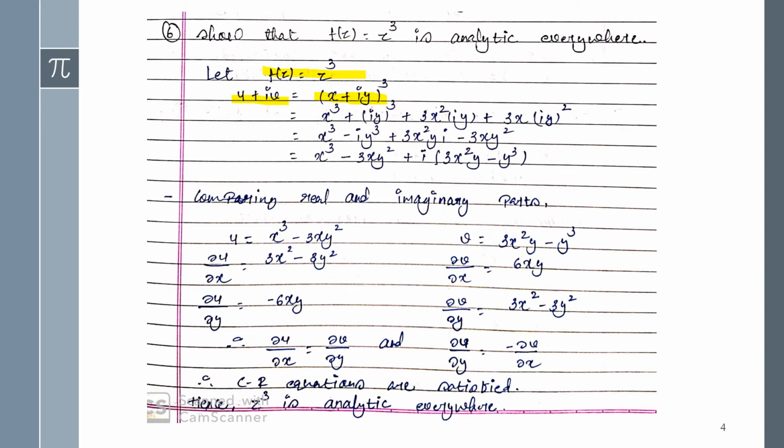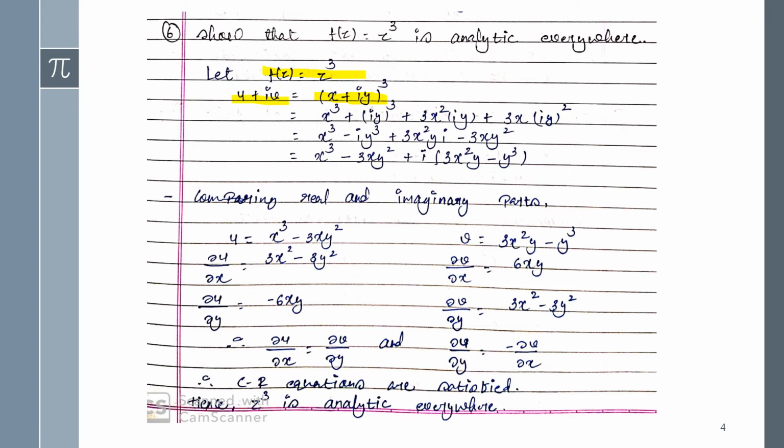Again repeating, the formula for the cube (a plus b) whole cube is a cube plus b cube plus 3x square y plus 3xy square. Based on that formula I am going to open this bracket.